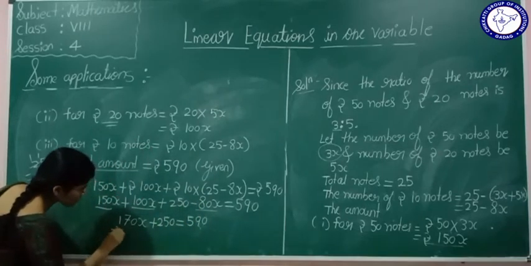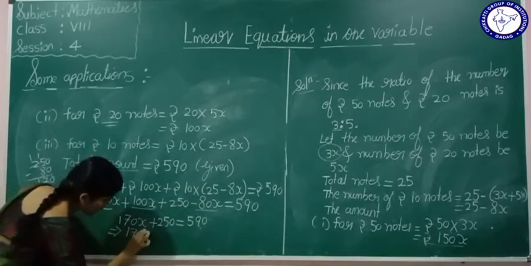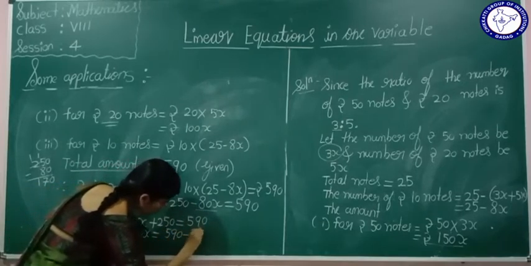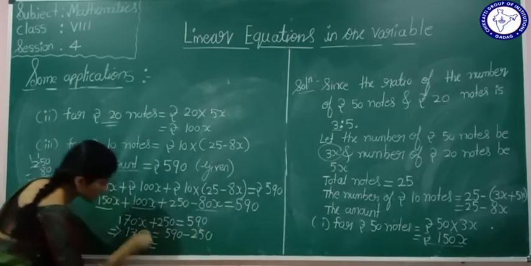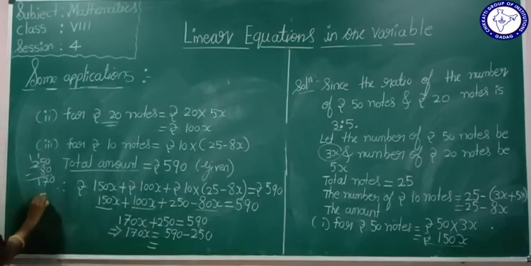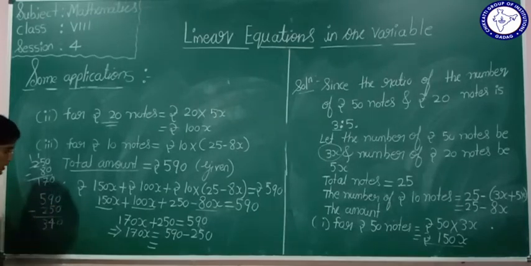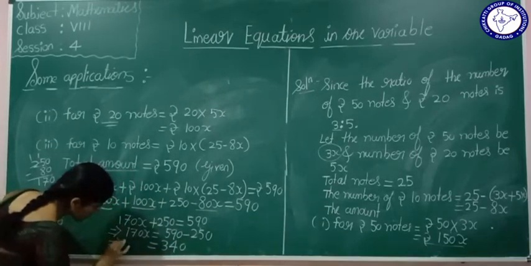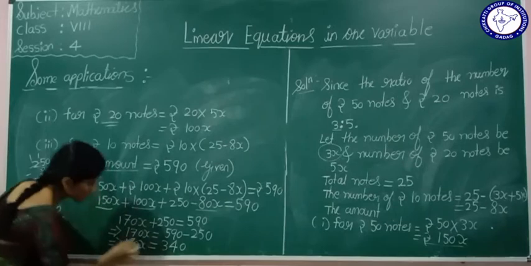So this implies 170x is equal to 590 minus 250. What is 590 minus 250? 0, 9 minus 5 is 4, 5 minus 2 is 3. Here we got 340. This implies 170x is equal to 340.